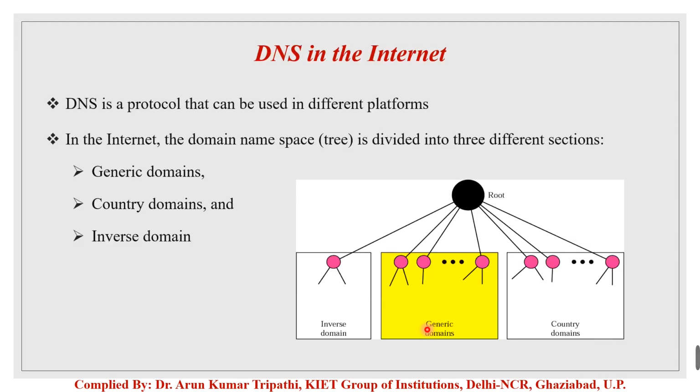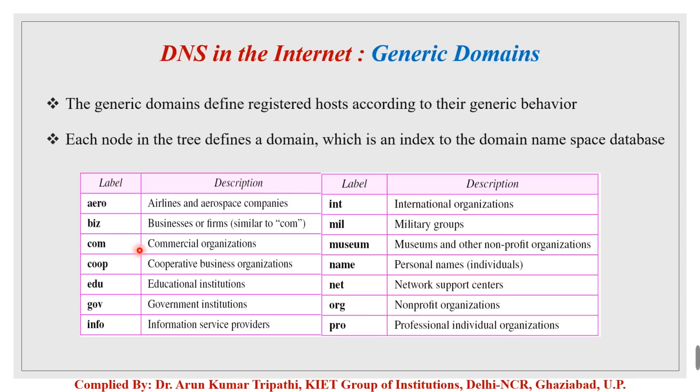DNS on the internet. There are three types of DNS on the internet. The first one is the generic domain, the second one is the country domain, and the third and last one is the inverse domain. Firstly, I am covering the generic domain. Generic domain is based on the type of organization.